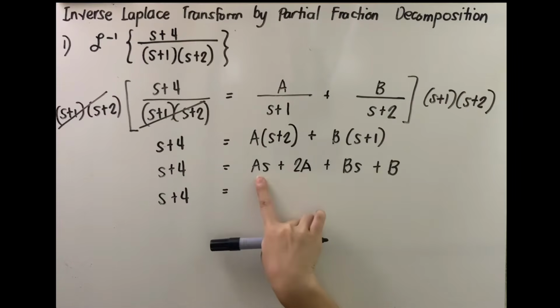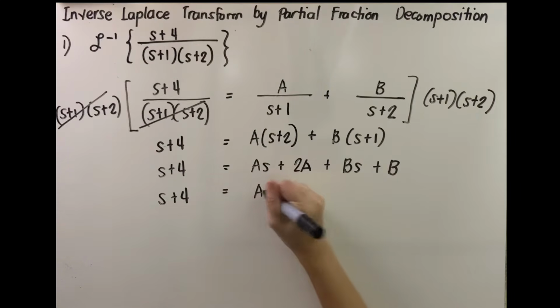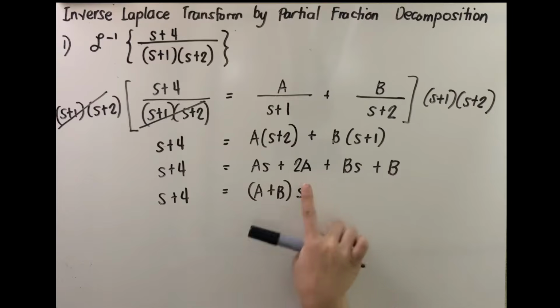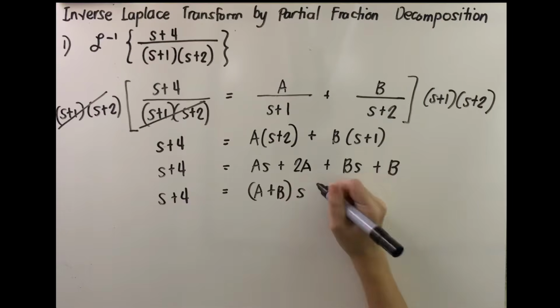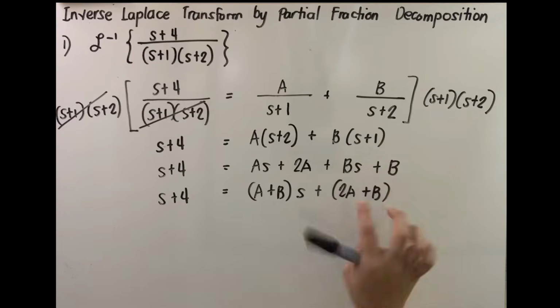Since this is As and this is Bs, both are s terms, we can take A + B and factor out the common term s. That's As + Bs. And then since A and B are constants, 2A and B are constants. So you'll get plus (2A + B) to represent your constant term.